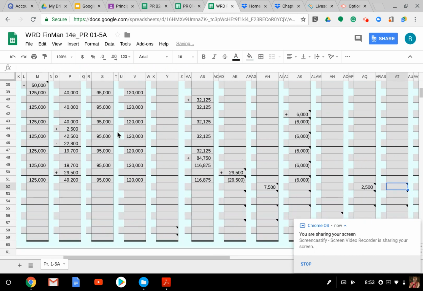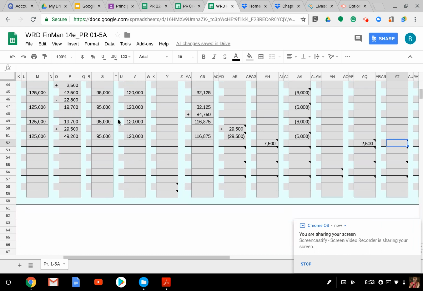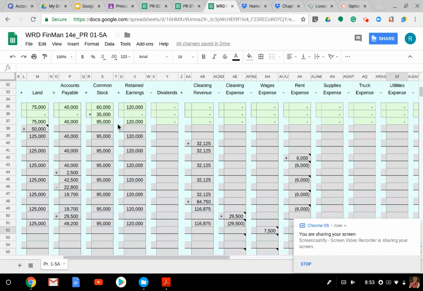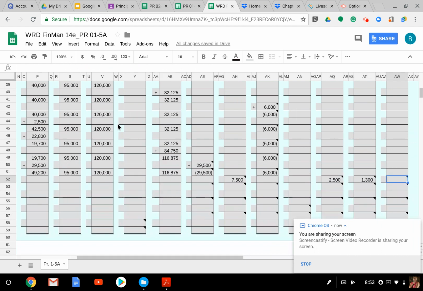Then we're going to go over to, what's the next one? Should be utilities and then miscellaneous. Utilities was $1,300, and then miscellaneous is $2,700. So if you add up these 4 expenses, $7,500, $2,500, $1,300, and $2,700, what do you get? The total amount of cash that you spent is what you get.